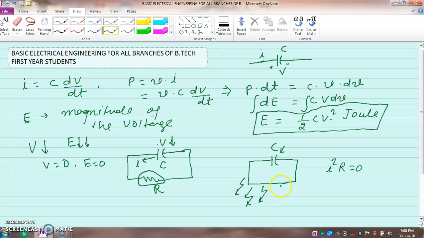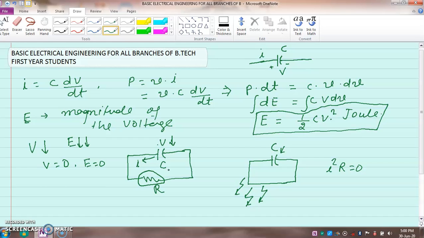But practically speaking, you cannot get a wire having no resistance. So ideally we can say the capacitor has stored the energy, and if you connect it with a resistor, then this energy will be dissipated in the form of heat, and this much energy will be converted into heat.